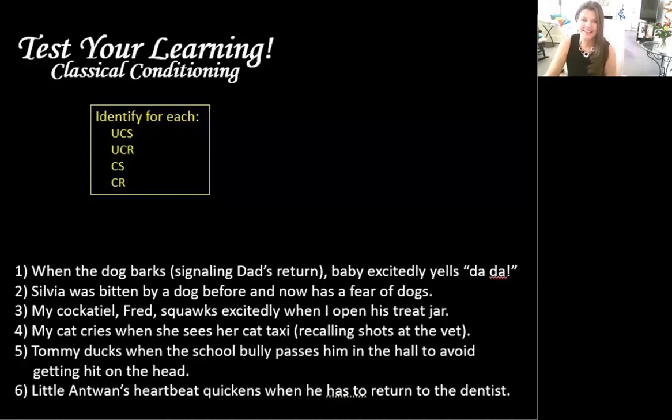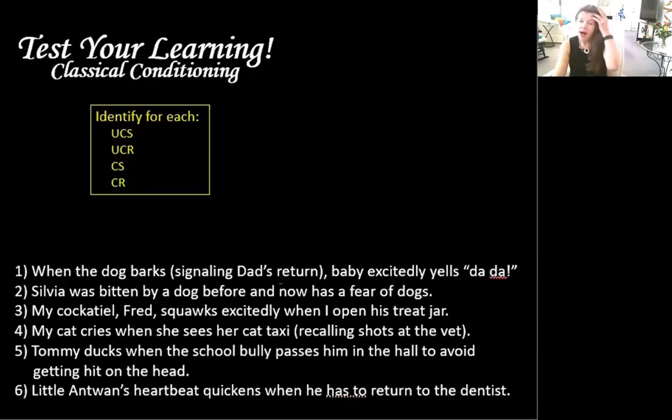For each one, you're going to write down your shorthand answer for all 4 of these. If you do them in this order, you don't have to write UCS and UCR down. Just list them in this order.